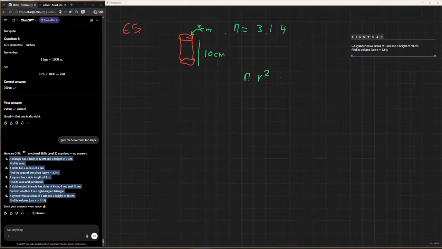Maybe I'm wrong, you know? So let's start from the left side. 3.14 times 3 squared is what?